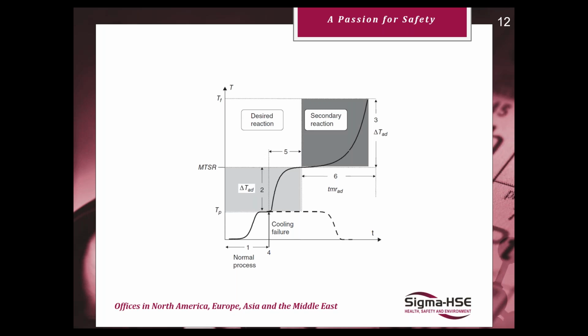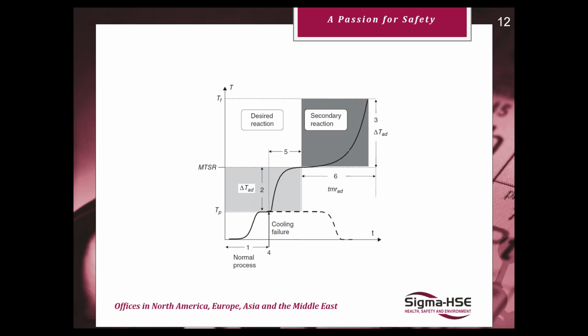And this gives us an adiabatic temperature rise from your Tp, your process temperature, to MTSR, which is the maximum temperature of your synthesis reaction. So that is your desired reaction. What is the maximum temperature that system will achieve if you allow it to just heat up itself without removing any heat from it.